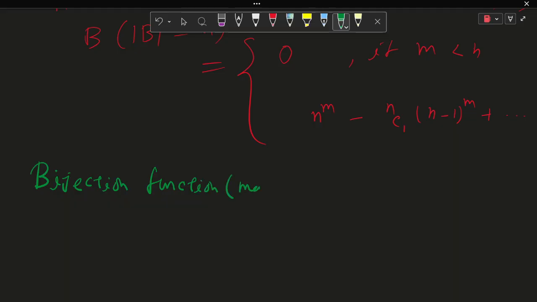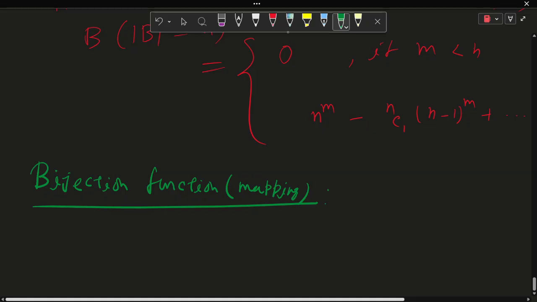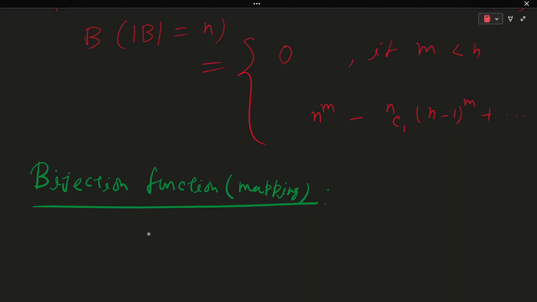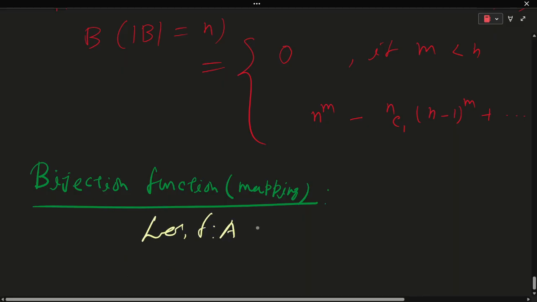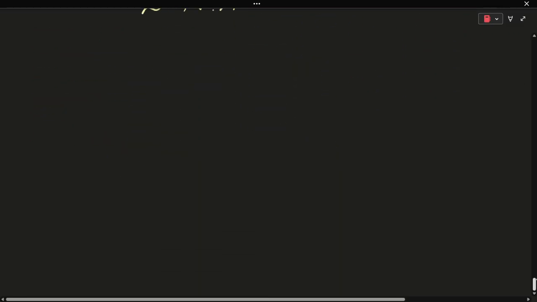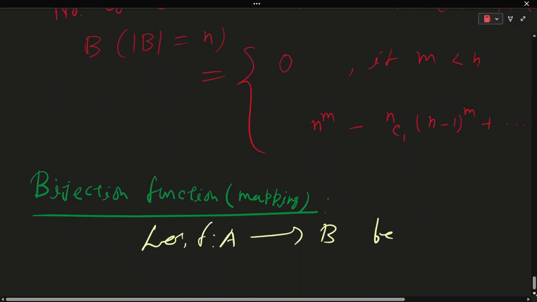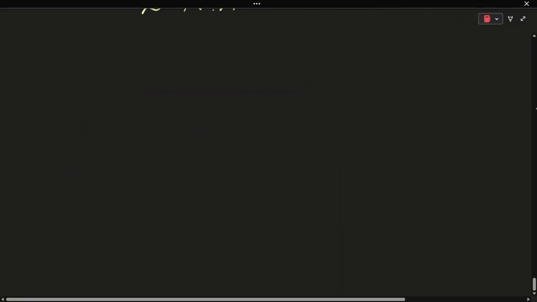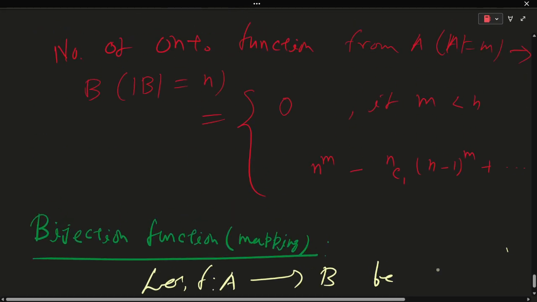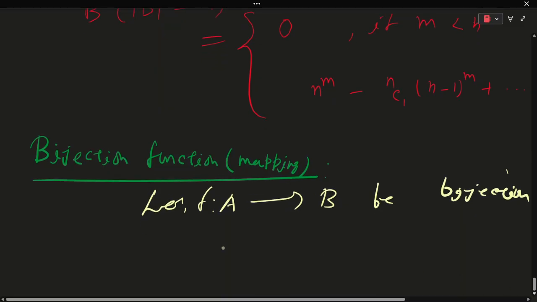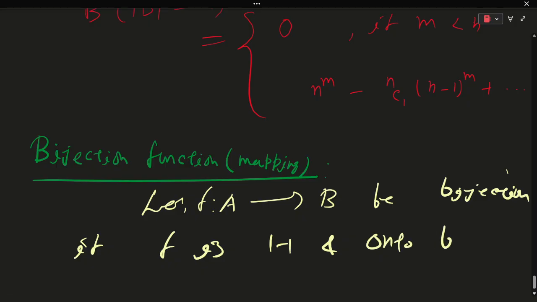A function f is a bijection if f is 1-1 and onto, both.